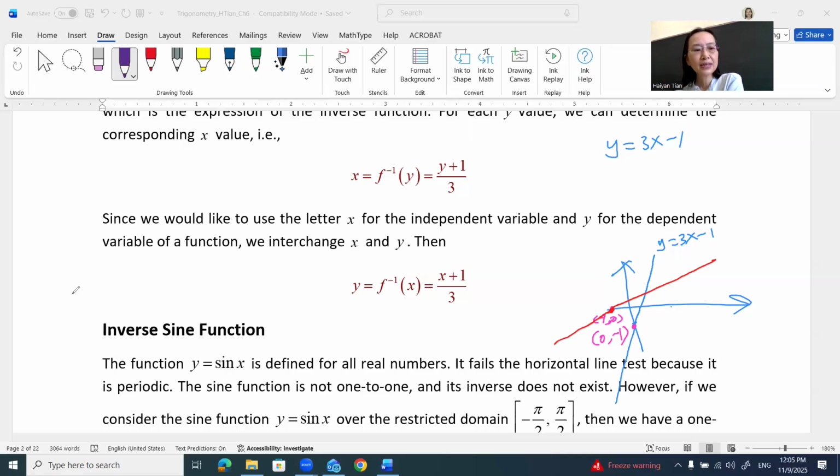So you can see both the picture of the original function and the graph of the inverse. Both are functions in terms of x. So we can see the graphs are symmetric about this line y equals x.